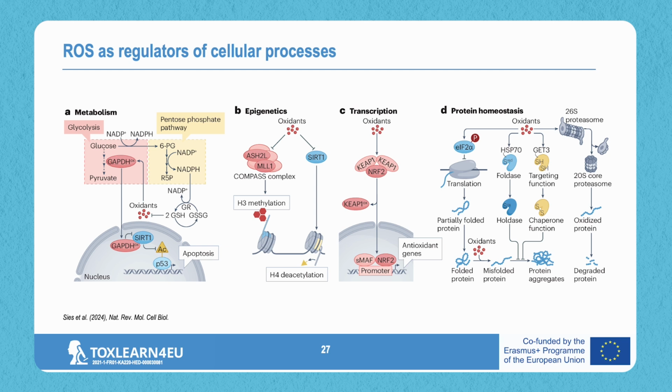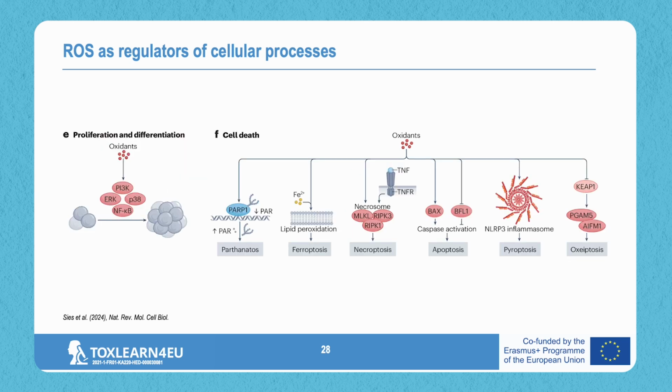So ROS can regulate a tremendous amount of cellular processes, the normal metabolism, for instance, epigenetics, transcription, protein homeostasis, but also in the proliferation and differentiation of cells and the process of cell death. So it really affects all biological levels we can encounter in plant cells.